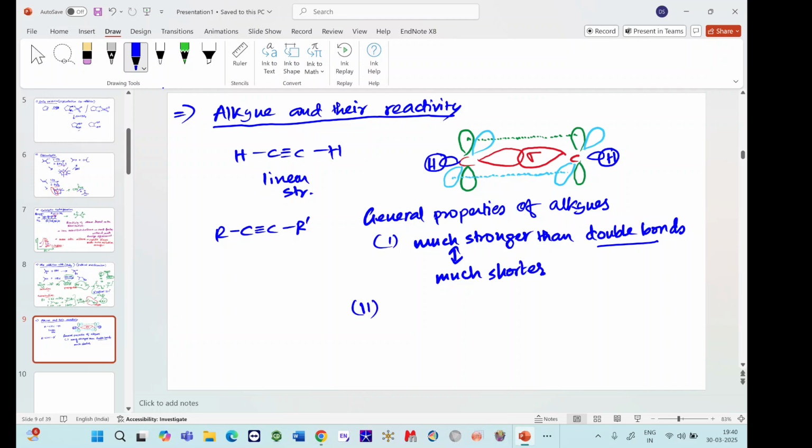Okay, second point is carbon atoms are sp hybridized.